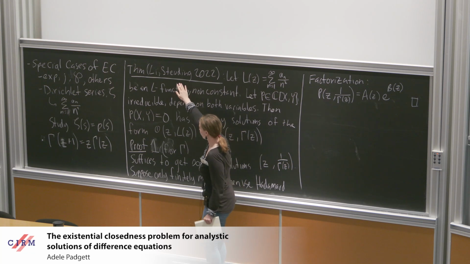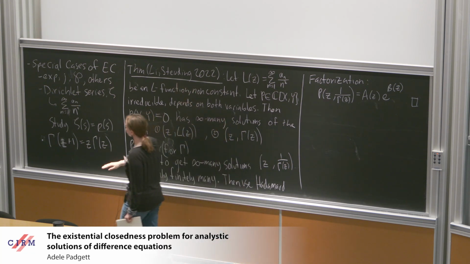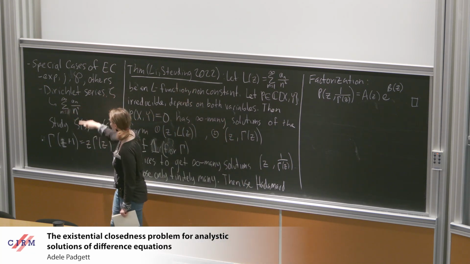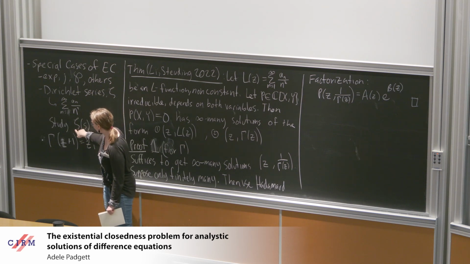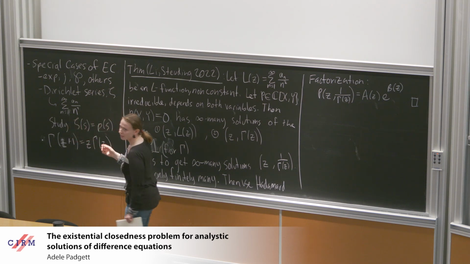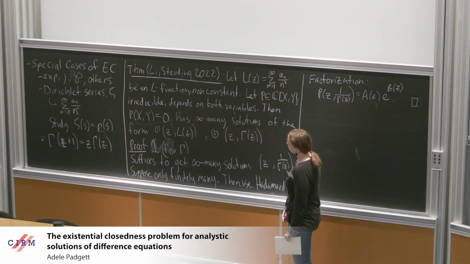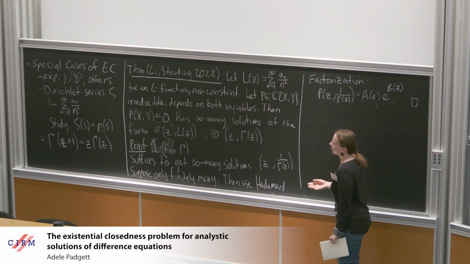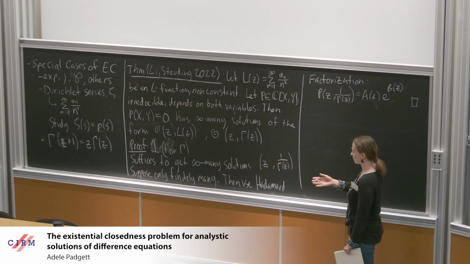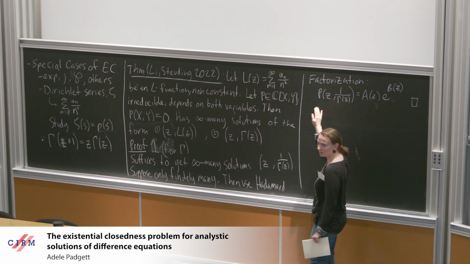These authors, when they prove it for Dirichlet series, in the specific case of the zeta function, they can use Nevanlinna theory separately to analyze the distribution of the solutions. But I'm going to give a second proof that allows us to better understand how solutions are distributed for gamma.